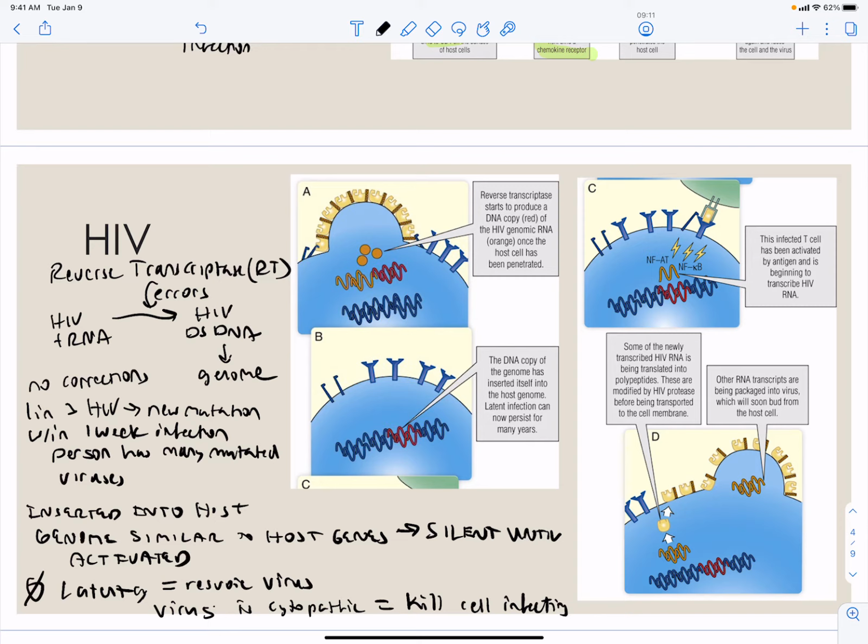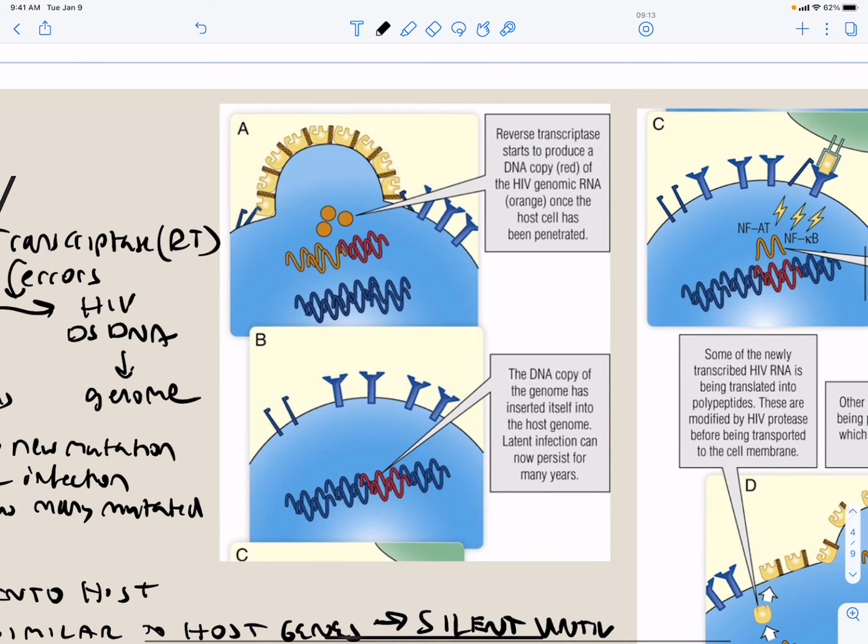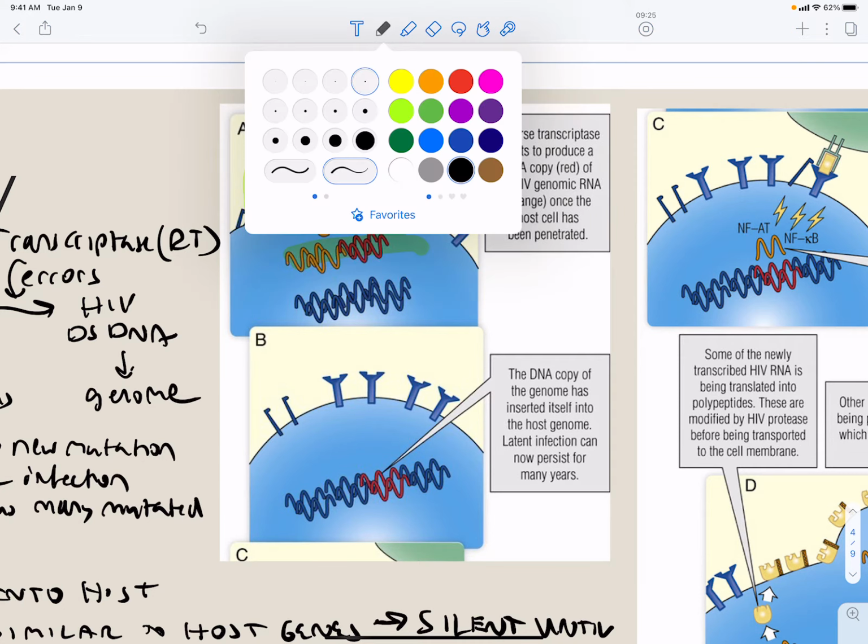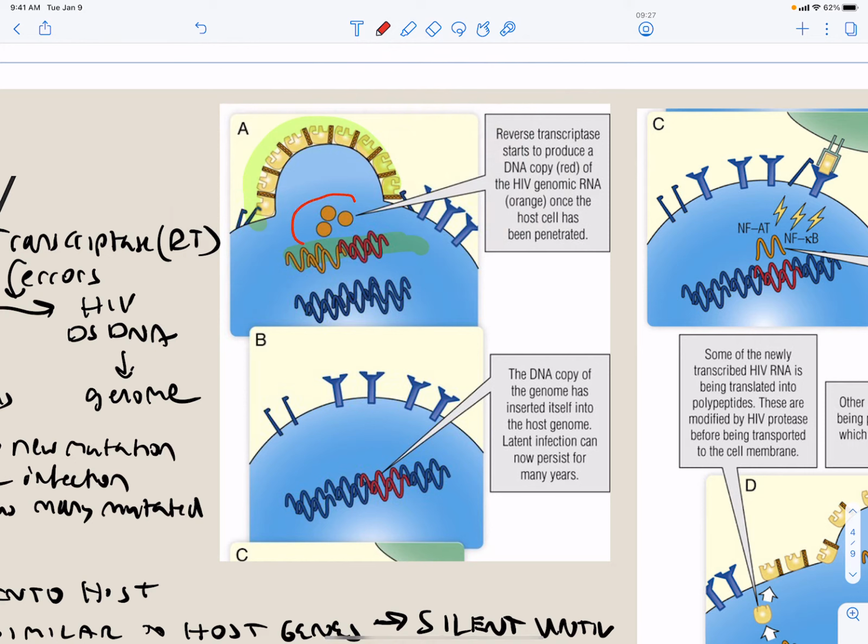And so, for example, here we have our HIV particle that fused with our membrane. It released the genome into the cytoplasm. It has reverse transcriptase associated with the virus particle, and that's going to start to produce a copy of the DNA, which is this red region here.